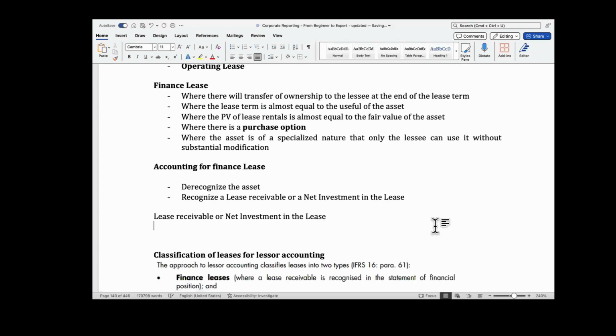So the lease receivable, from the name, is the rent that the landlord, the lessor, is expecting. So you will measure it at the PV of unpaid lease rentals.